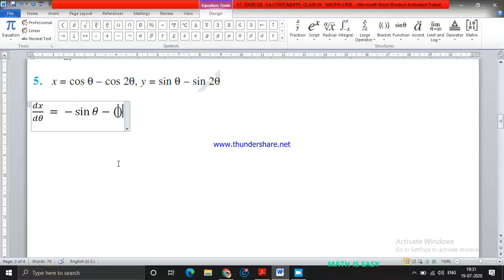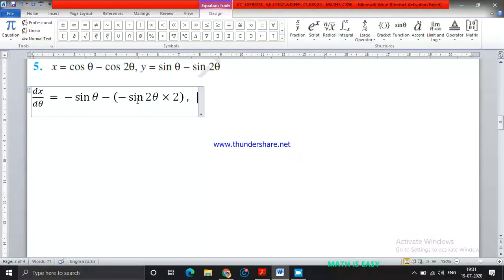The derivative of cos 2 theta is minus sin 2 theta into the derivative of 2 theta, which is 2. You have to be careful about that.